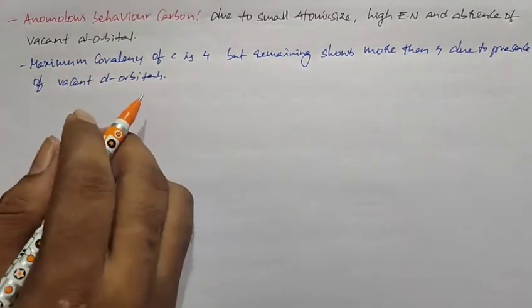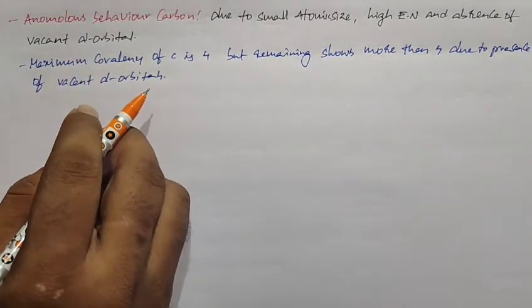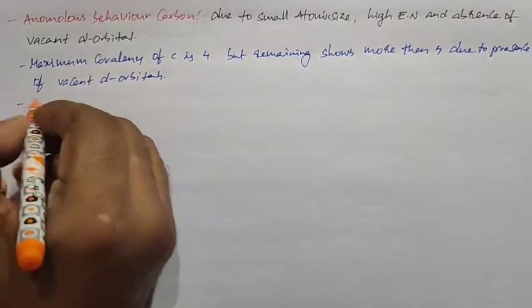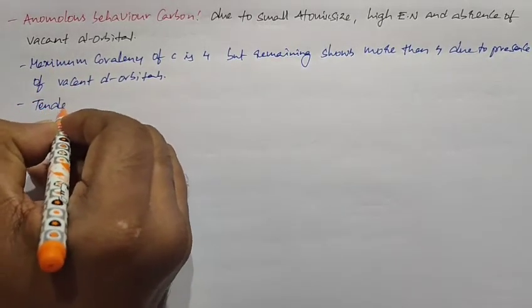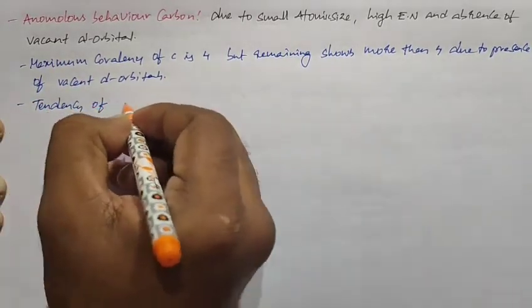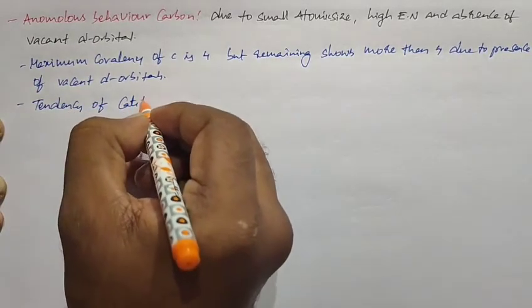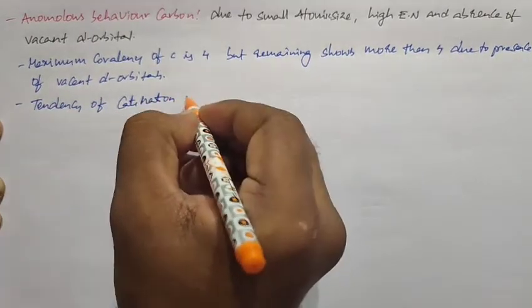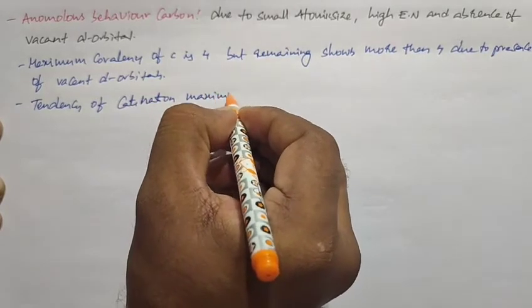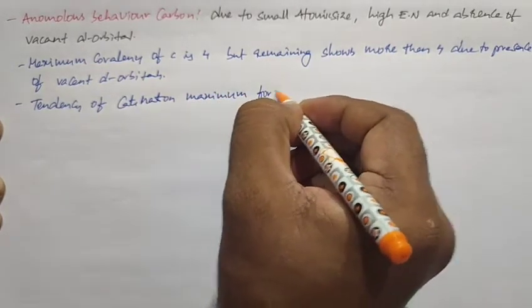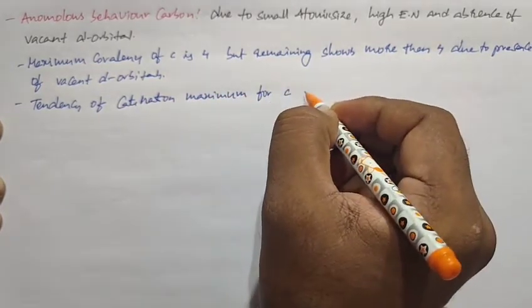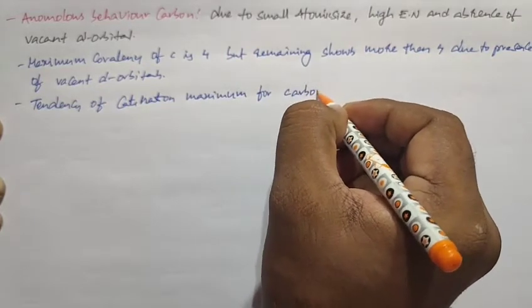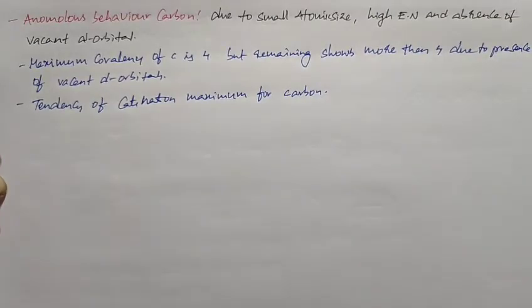And the tendency of catenation is maximum for carbon when compared to the remaining. So these are some anomalous behaviors of carbon.